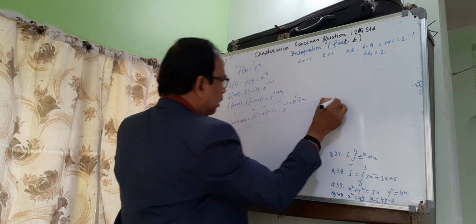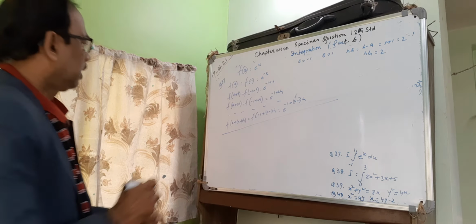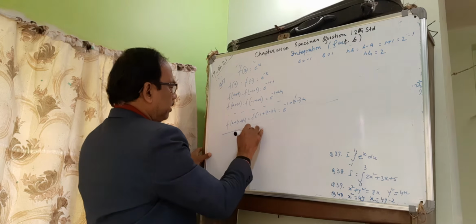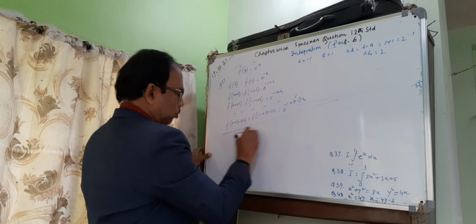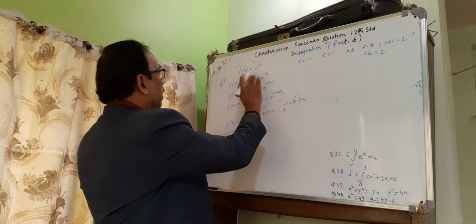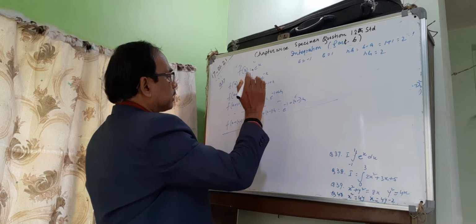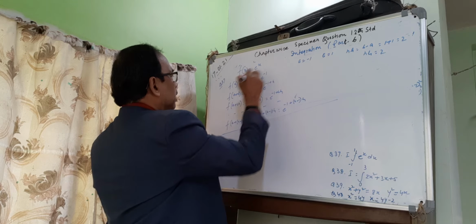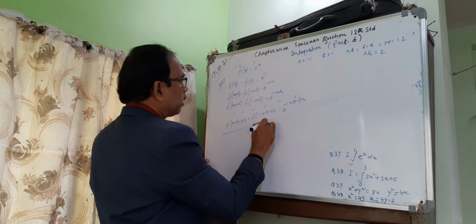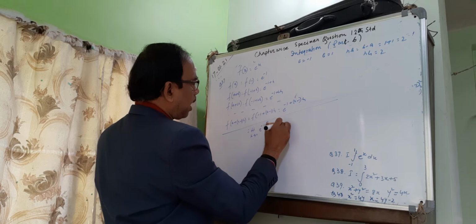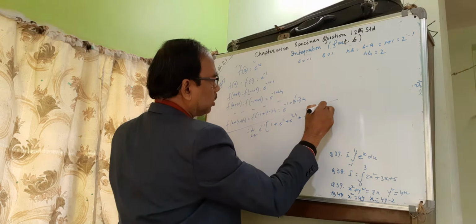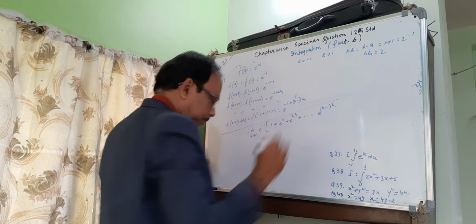Now adding all this, that equals to this plus this plus this plus this, that is limit h tends to 0, limit h tends to 0, e to the power f(a), e to the power x, x value is minus 1. e to the power a is minus 1. e to the power minus 1 is common. 1 plus e to the power h plus e to the power 2h plus dot dot dot e to the power (n minus 1) into h.